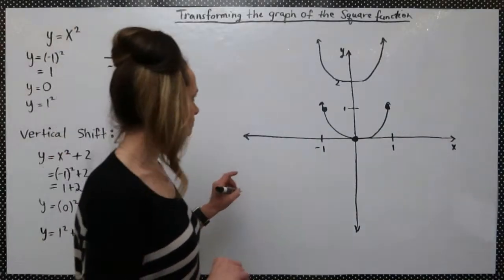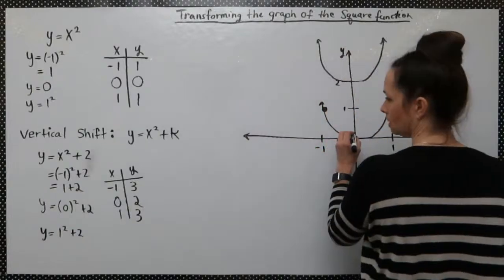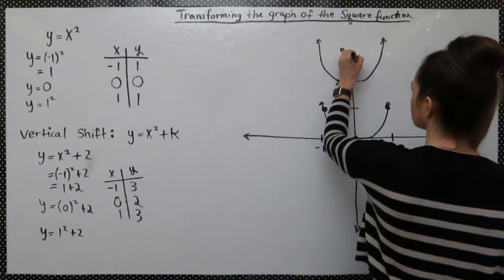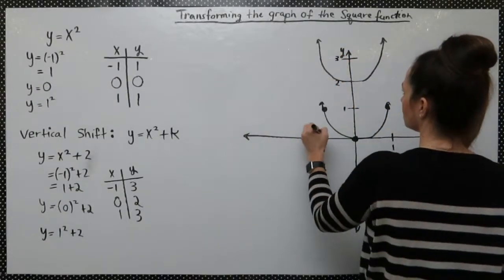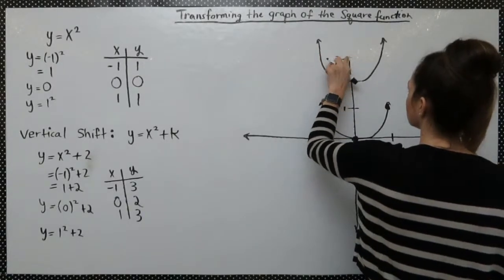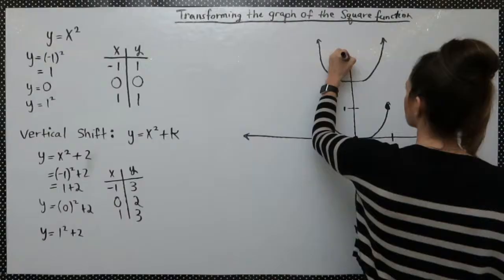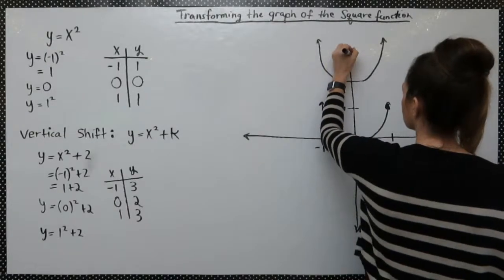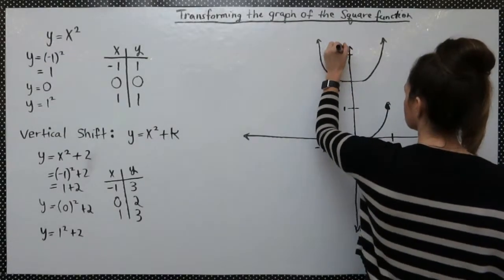So we've got -1, 3 is on there. We'll move it up a little bit, and we'll say 3 is about right there.